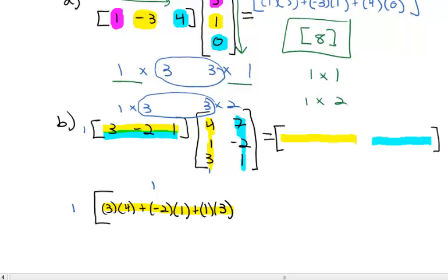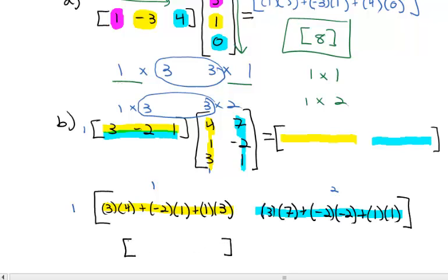Now, the next value is the first row, second column. That's the blue line. So we've got 3 times, this time in the second column, 7, plus -2 times -2, plus 1 times 1. And so you notice that in the first row, second column, we multiplied the first row and the second column.